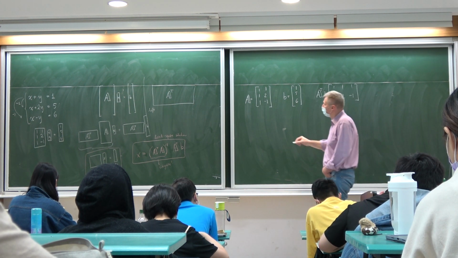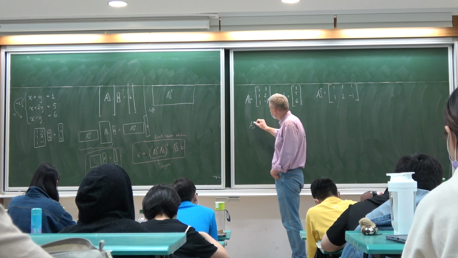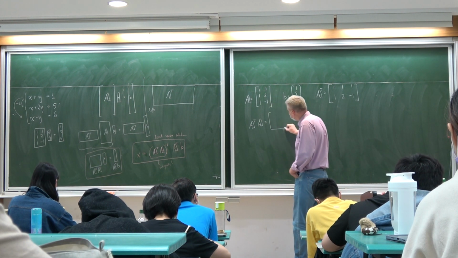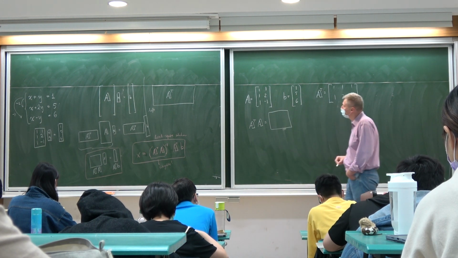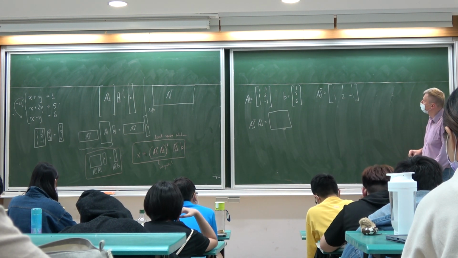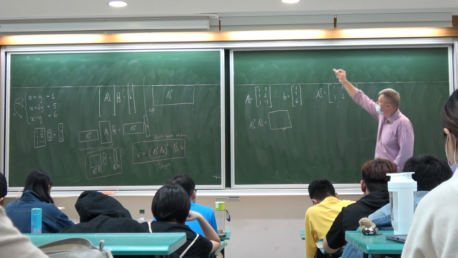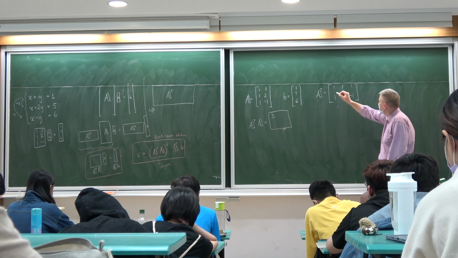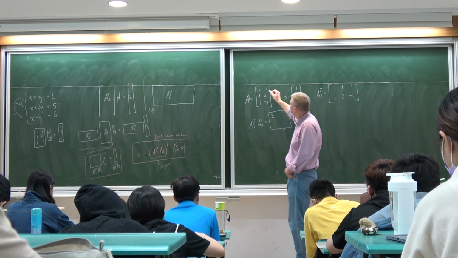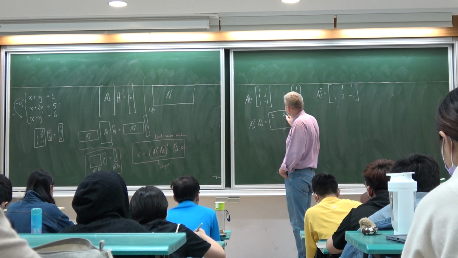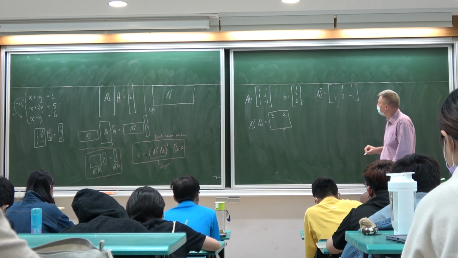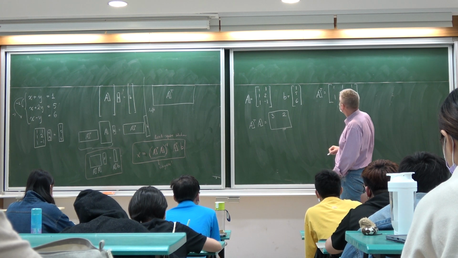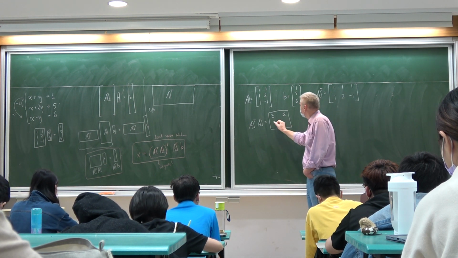Now I have to calculate A^T A. That's going to be matrix 2 by 2. 1, 1, 1 times 1, 1, 1 is 3. 1, 1, 1 times 1, 2, minus 1 is 2. Correct me if I'm doing something wrong. 1, 2, minus 1 times 1, 1, 1 is 3 minus 1 is 2.